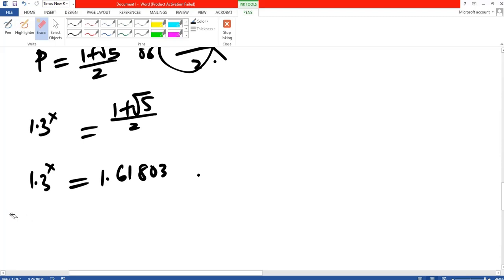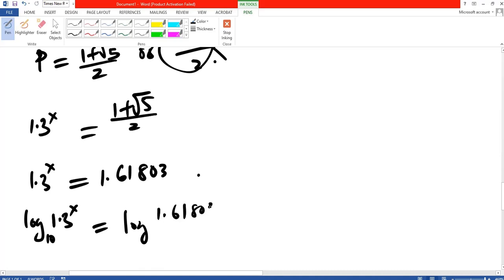Now I will take logarithm of both sides to base 10. So I will now have log of 1.3 raised to power x base 10 is the same thing as log of 1.61803 base 10.